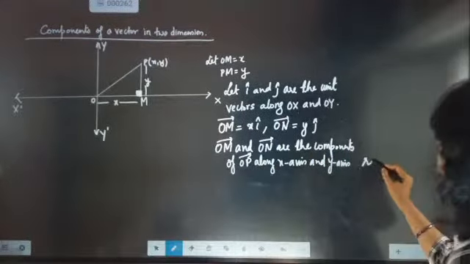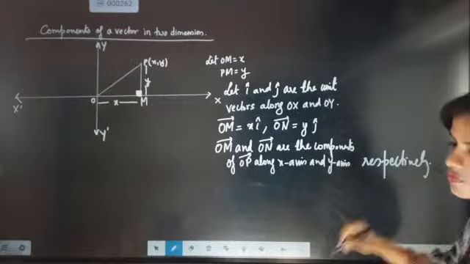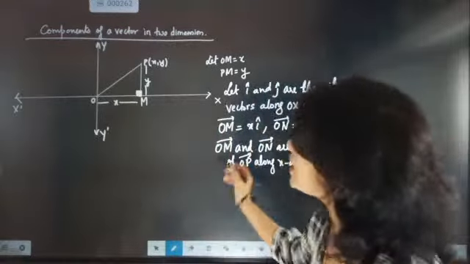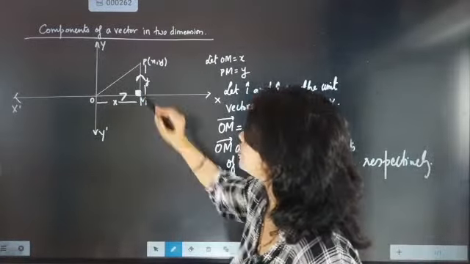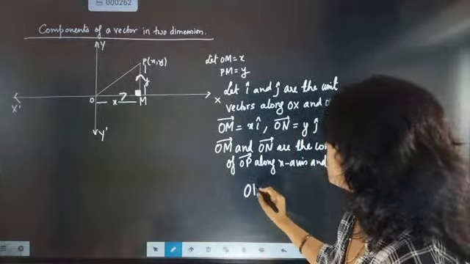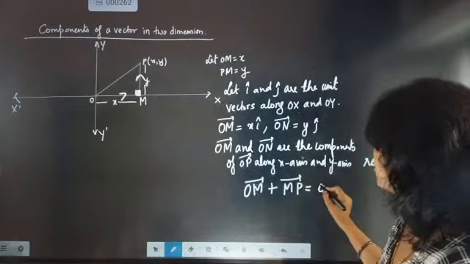Now, because they are components, we can put an arrow. So we can say that OM vector plus MP vector will become the OP vector.